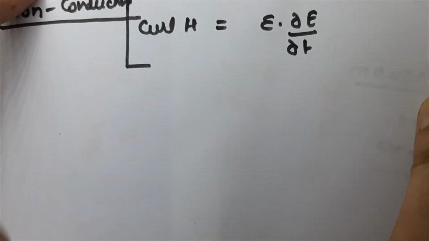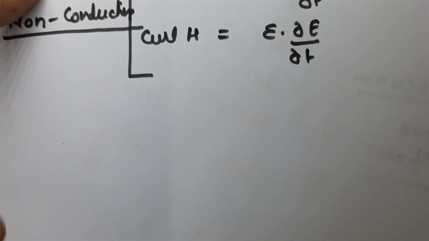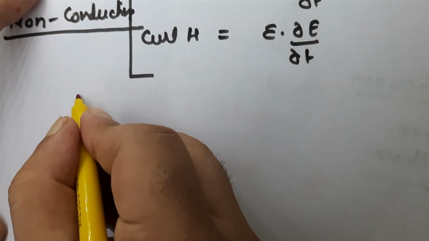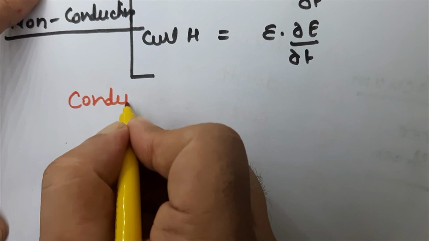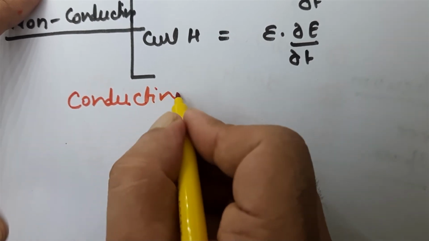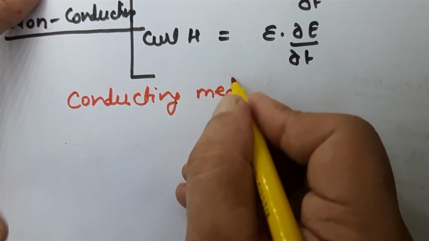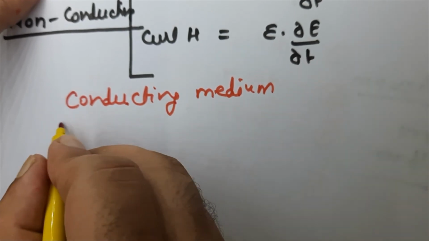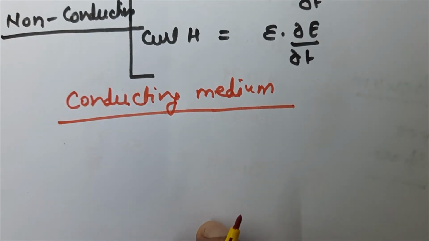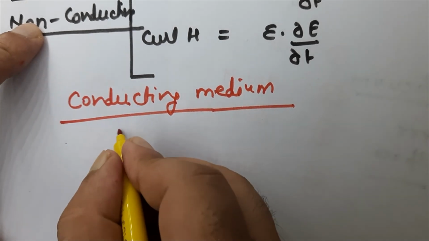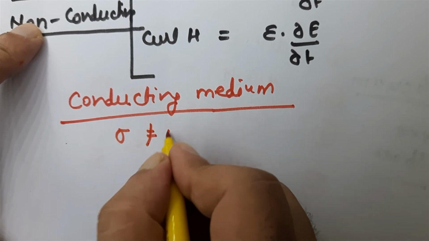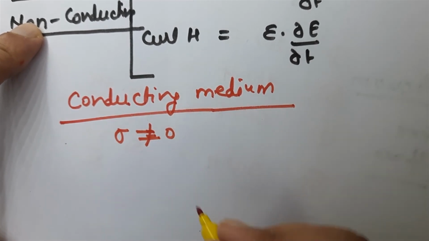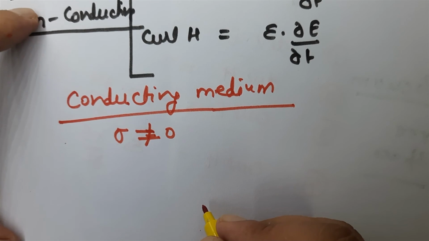So let us take the third and last case, which is a conducting medium. When we say that the medium is conducting, it means now sigma is not equal to 0. The electrical conductivity of the medium is now not equal to 0.